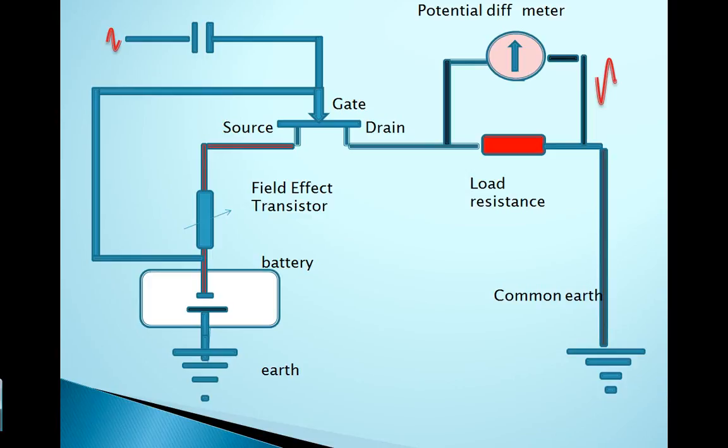On the gate, if you now apply a negative potential, then this negative potential will cause a narrowing of the channel, because negative will repel negative from the electrons and will end up closing up the channel. So by varying the negative potential on the gate, we can get more or less current flow from source to drain, and again applying a signal we can get the output to be magnified and at the inverse polarity.